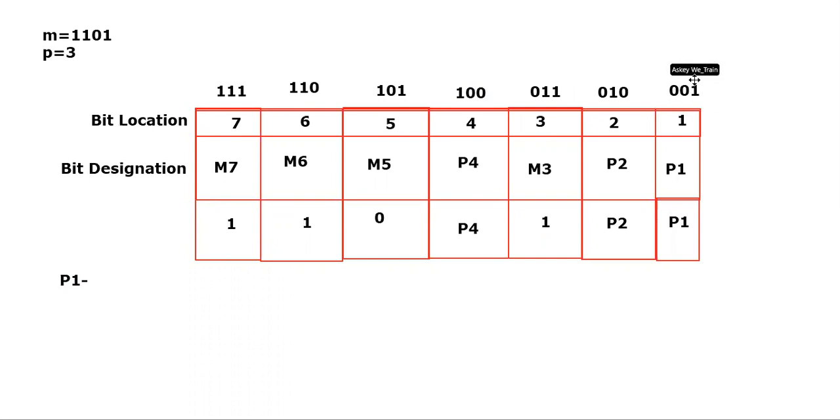In the first position, here this is where you have 1, and here this is where you have 1, and here, and here. So identify that. What is its bit location? We have this 1 in position 1.